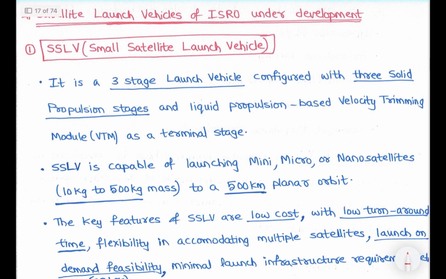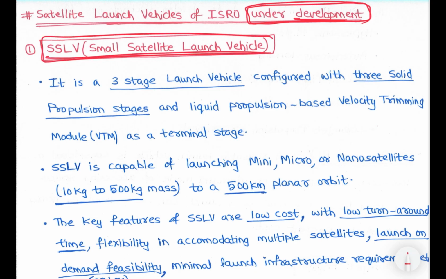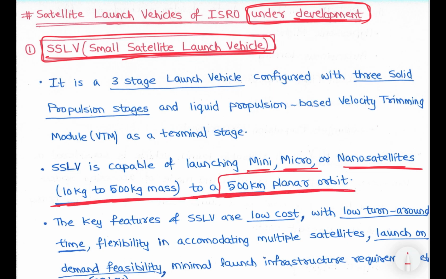Then the satellite launch vehicles of ISRO under development, right, under development stage, they are small satellite launch vehicles, right. Small satellite launch vehicles we are developing to launch mini, micro or nano satellites of 10 kg to 500 kg mass to a 500 kilometer planar orbit, right.